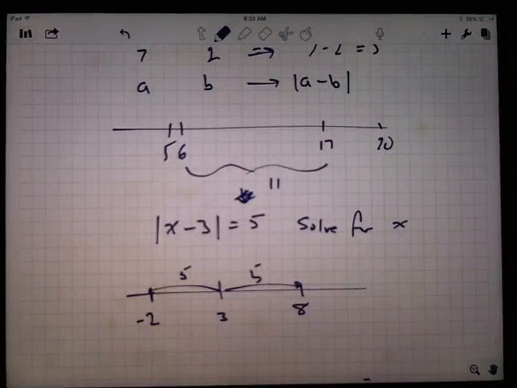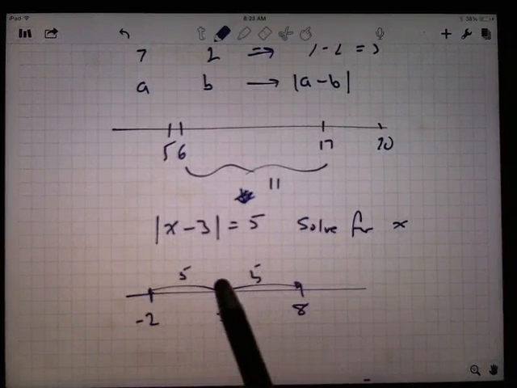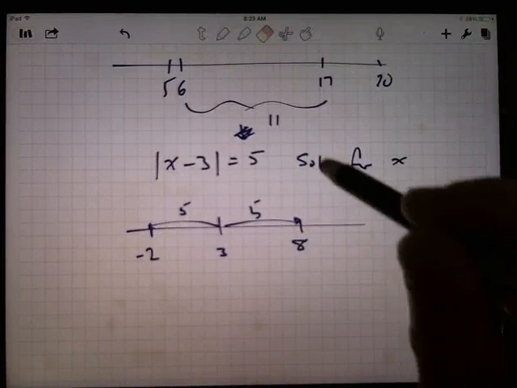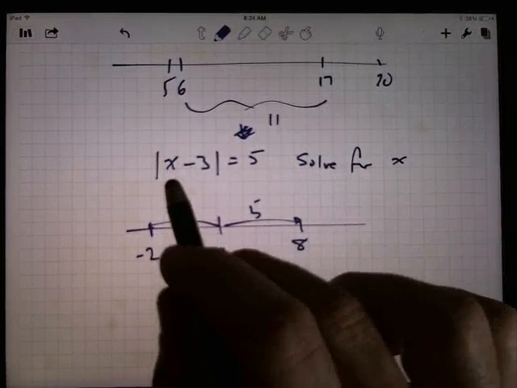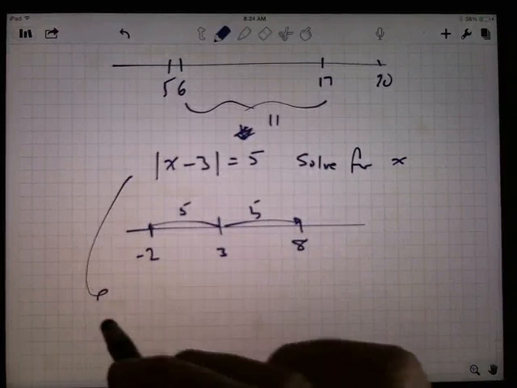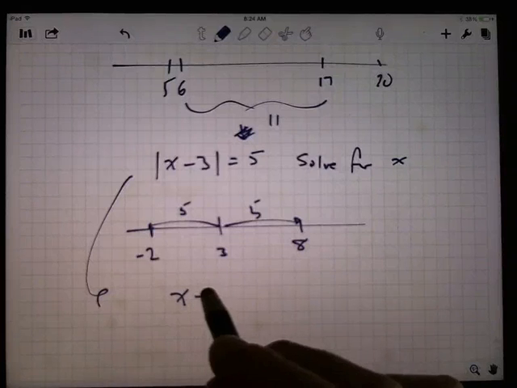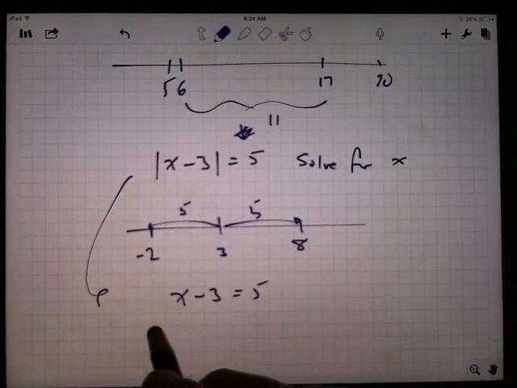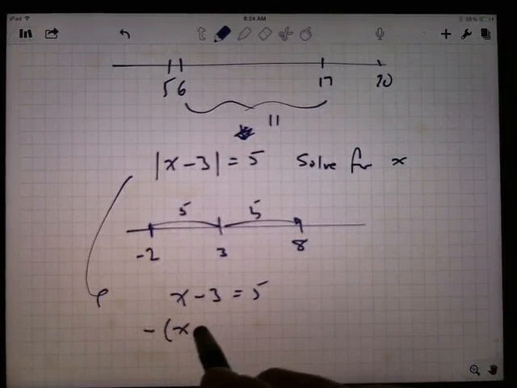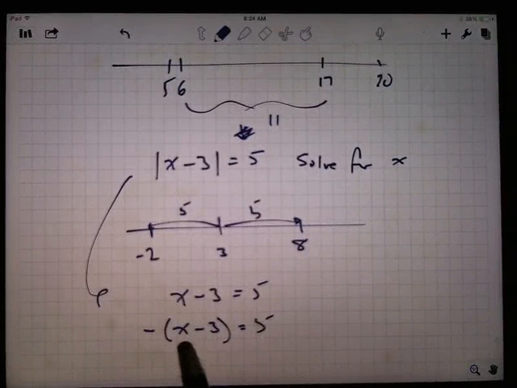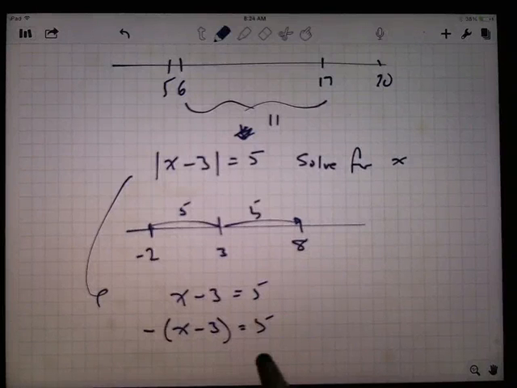This is the way I think of that absolute value. In an algebra class, you might say this absolute value is two things. If x minus 3 is positive, then the absolute value is just the same, x minus 3. Or if x minus 3 is negative, then the absolute value disappears like this: negative the quantity x minus 3 is going to be positive.